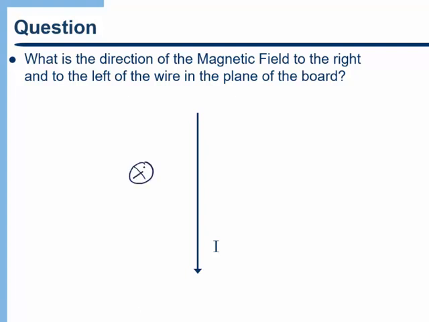But if you hold your thumb, again pointing down, and now have your fingers to the right, your fingers are coming out of the screen. And so really what you're picturing here are these circular field lines, but we're picturing them just in the plane of the board. So on the left-hand side, they go in, and on the right-hand side, they go out.